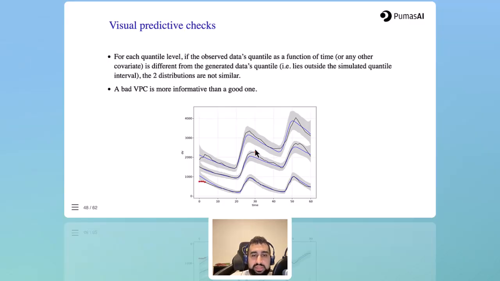And if there's any misalignment like this, where the black line is coming out, and it's quite improbable according to the distribution of the simulated data, then that indicates that our model is not able to capture the actual distribution of the observations, at least at those time points. So at these early time points here we have a problem, and at time point 30 we also have potentially a problem. And so again, that's at a high level what a VPC is trying to achieve.